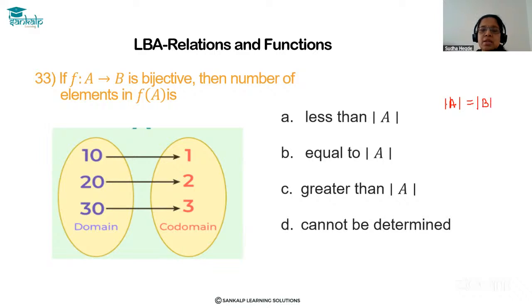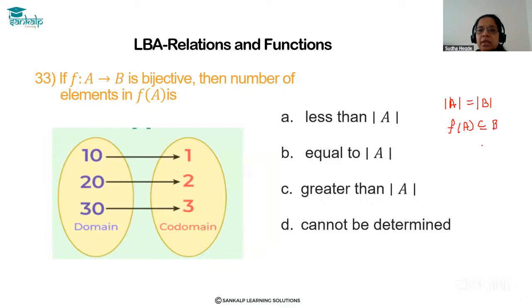In this case, A is the domain, B is codomain. So mod A must be equal to mod B. Always range should be subset or equal to codomain.